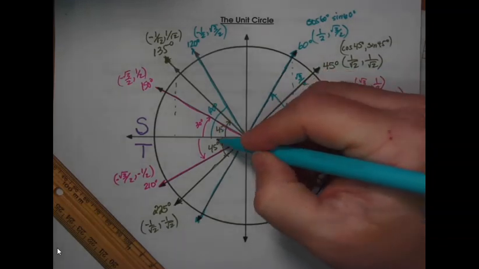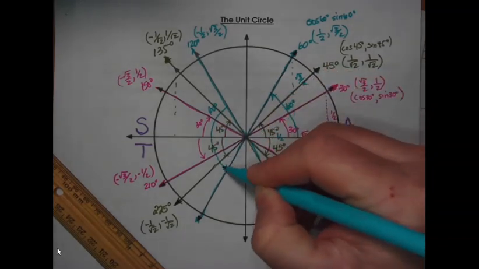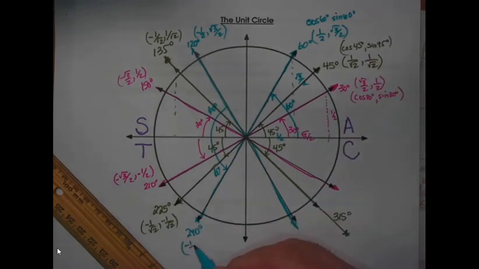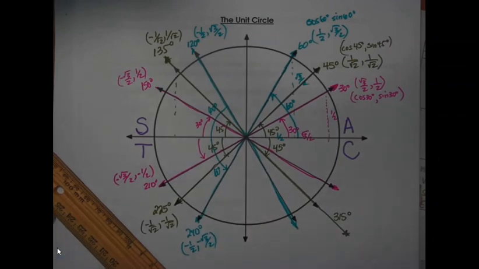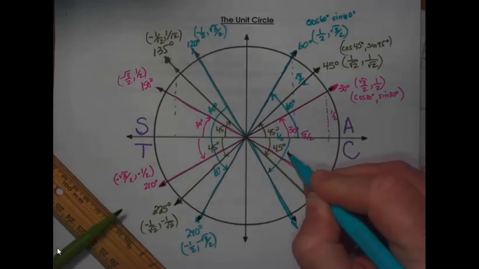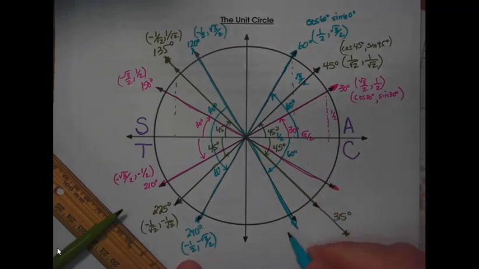And here, my 60 degrees there, that gets me to 240. All right, negative 1/2, negative root 3 over 2. All right, and we can go this way, back down 60 degrees. The x value is positive because it's cosine, and the y value is negative.